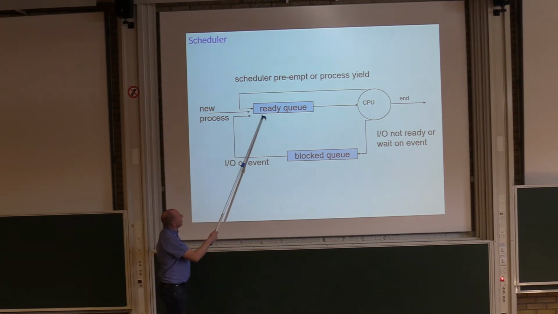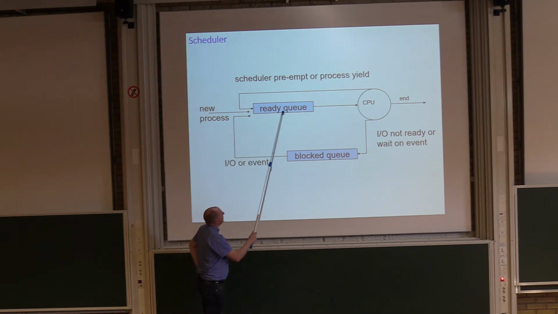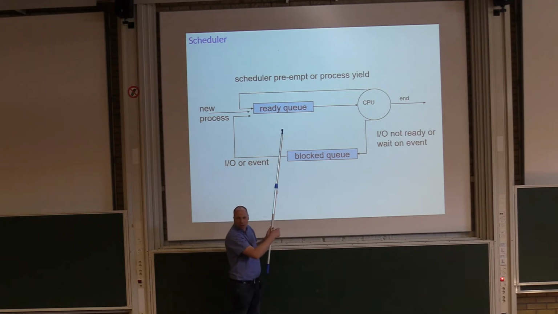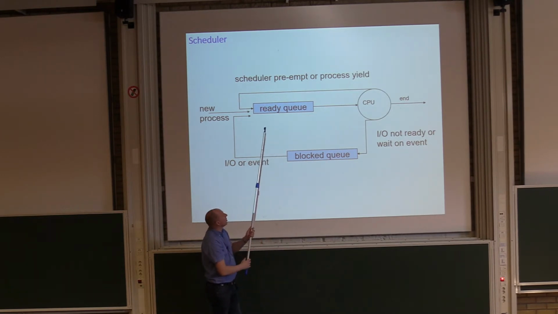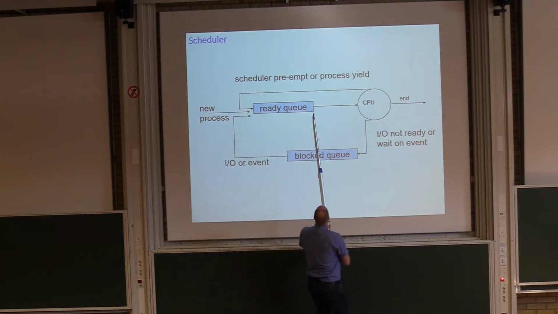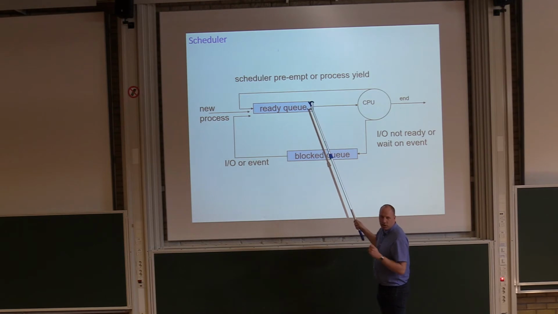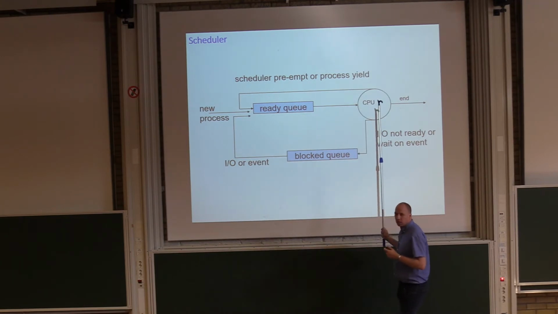This ready queue will be sorted in priority order. So the highest priority will be first in the queue, and the lowest will be last in the queue. And then at every point in time, the scheduler will just look at the first process in the queue and let that execute.